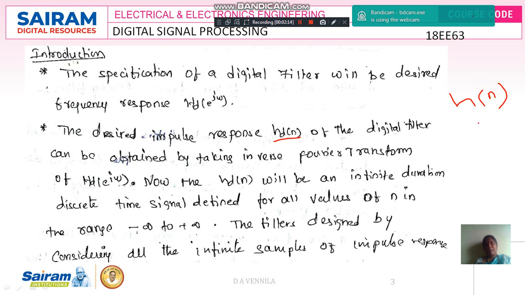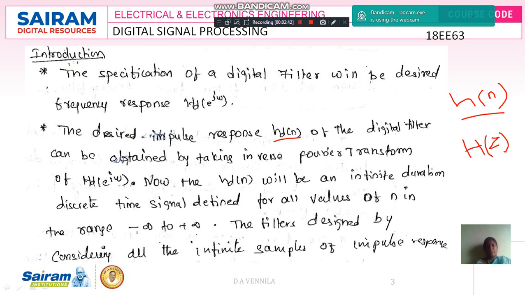After obtaining this H of n, it can be obtained by multiplying HD of n with the filter coefficients, and the digital transfer function H of z, or digital system function, is obtained by taking the Fourier transform.